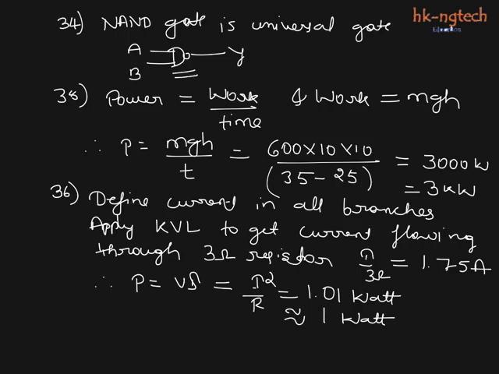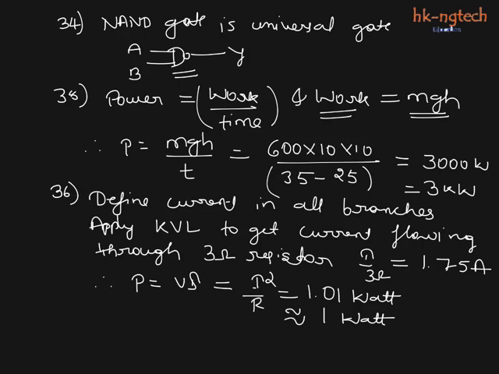35th question, a motor pump lifts 6 tons of water from a well of depth 25 meter to the first floor at a height of 35 meter from the ground floor in 20 minutes. The power of the pump in kilowatt is, and they have given the condition g is equal to 10 meter per second square. We know that power is equal to work divided by time, and work is equal to mgh.